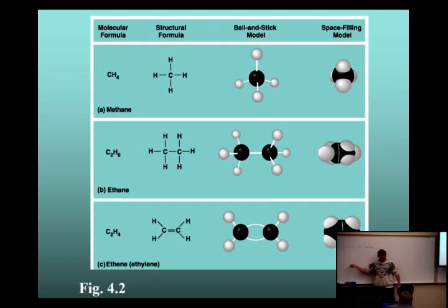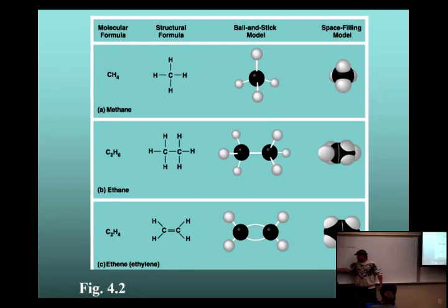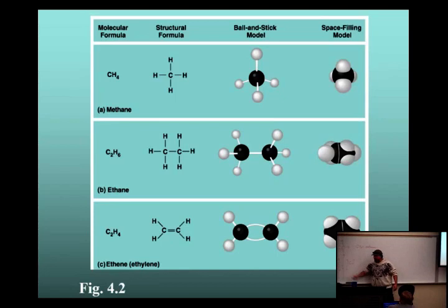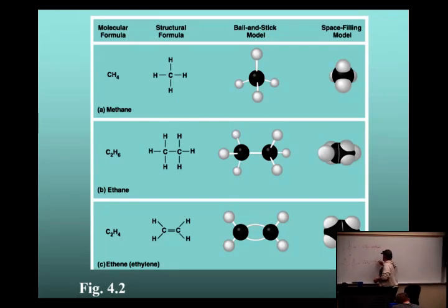Is this possible? No. Why? Too many bonds, right? So I have 1, 2, 3, 4, 5 chemical bonds on carbon. Is that allowed? No. How many can I have? Right. So I got to get rid of that. So you're right. This is C2H6, and this is ethane.